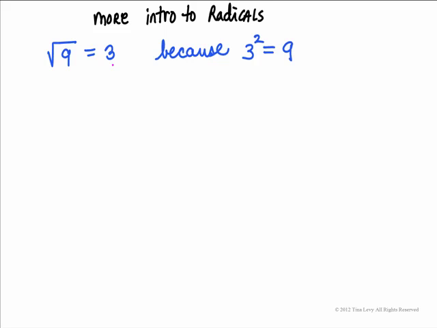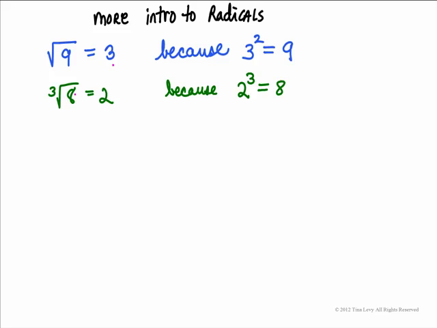So that means you square this and it gives you what's under the radical. Similarly, cube root of 8 is 2, and that's true because 2 cubed equals 8. We're taking the 2 and cubing it to get what's under the radical.